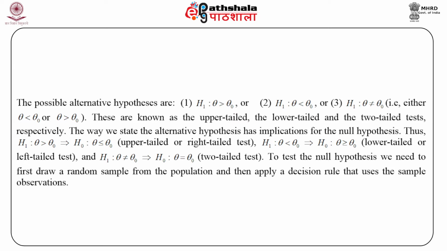Similarly, if we write H1 as theta less than theta 0, then it implies that our null hypothesis H0 is theta greater than or equal to theta 0, which would be a lower-tailed or left-tailed test. And if we write H1 as theta not equal to theta 0, then it would imply that our null hypothesis H0 is theta equal to theta 0, which is a two-tailed test.